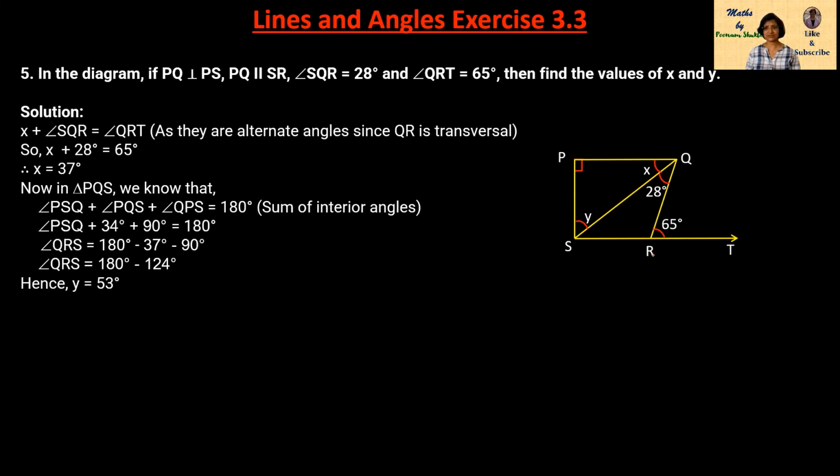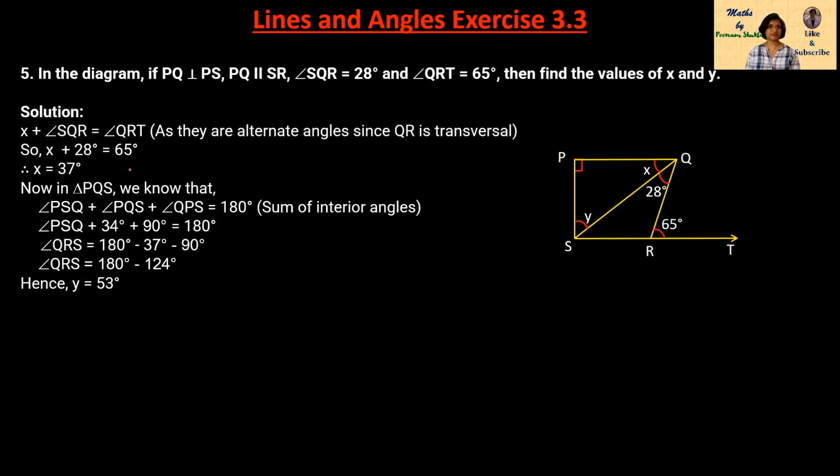When QR is a transversal, this angle PQR will be equal to QRT. So X plus angle SQR equals angle QRT, as alternate interior angles are equal. So X plus 28 equals 65.